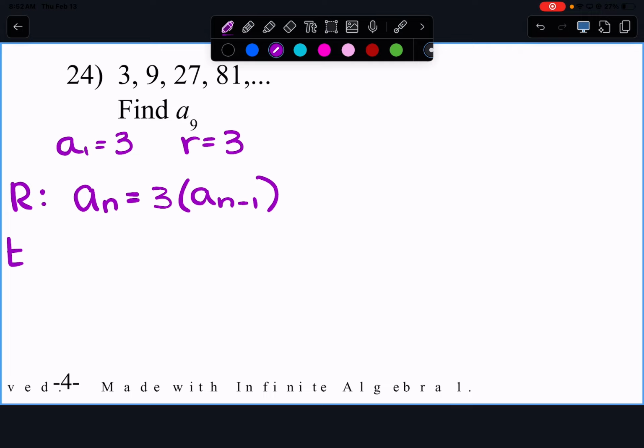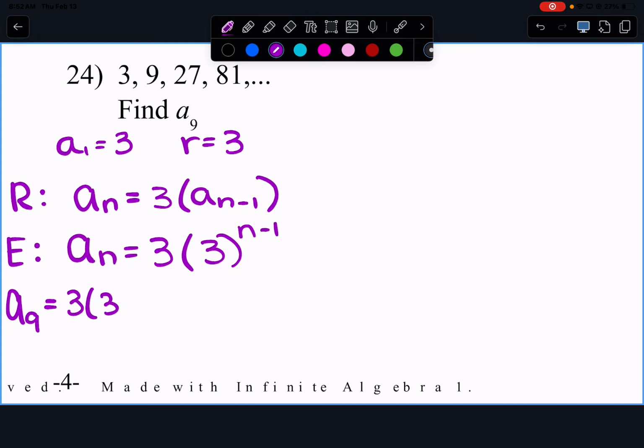Then we do explicit. For explicit, we're going to take our initial times our ratio to the power of n minus 1. And to find A9, which formula do I use? Explicit. So we do 3 times 3 to the n minus 1.